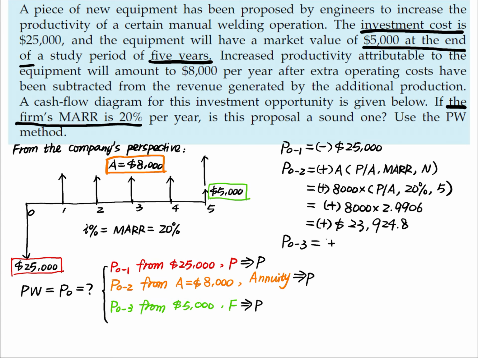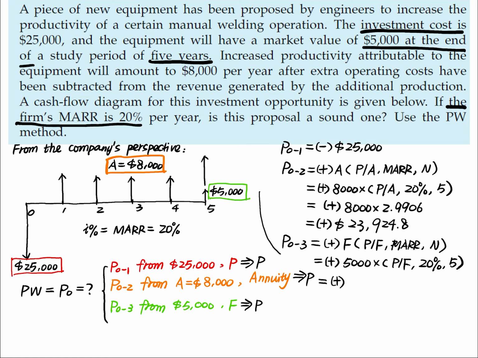Okay, and next let's calculate P03, the third part. Still, it's a receiving of 5,000, so it's positive. And it's to find out present value given future value. So the equation is the F times a factor P slash F, MARR, N. So positive 5,000 times the factor P slash F, 20% and 5.